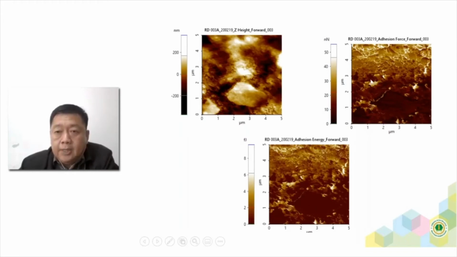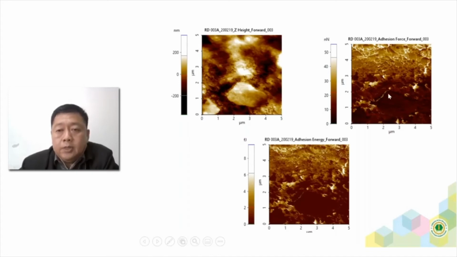The bright color and the dark color are distributed accordingly, almost similar. But if you compare the height here and the adhesion force here, you see that this particular big particle has a very dark spot, a big dark spot, and this particular one as well.